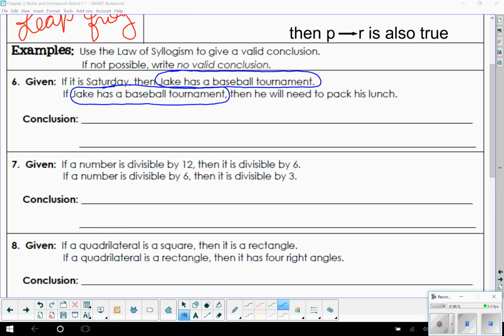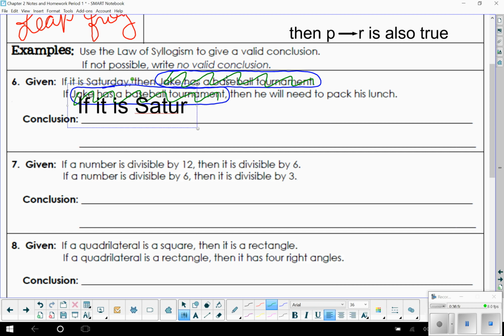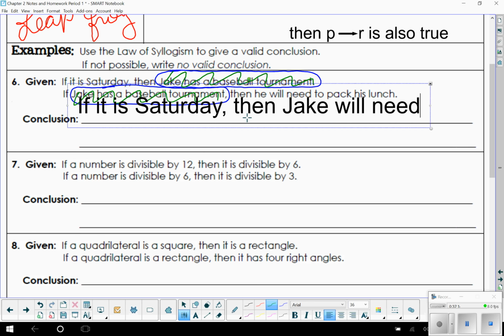So what you're going to do is you're going to literally not write this because it's already in both of those statements. So the statement reads, if it is Saturday, then Jake will need to pack his lunch.